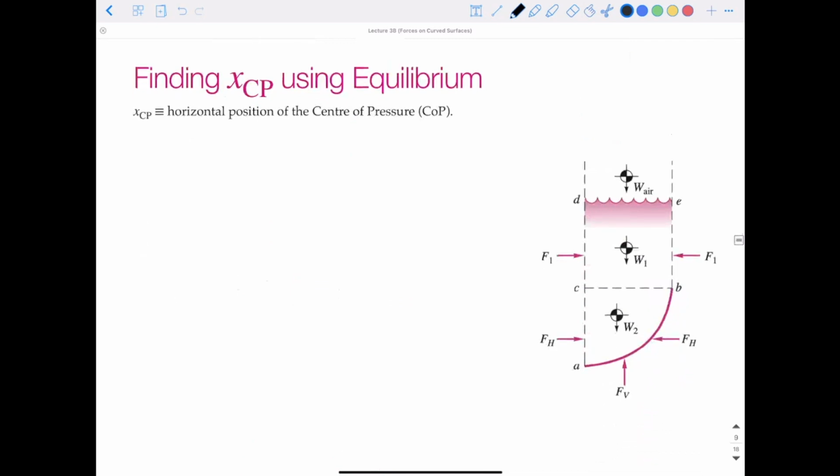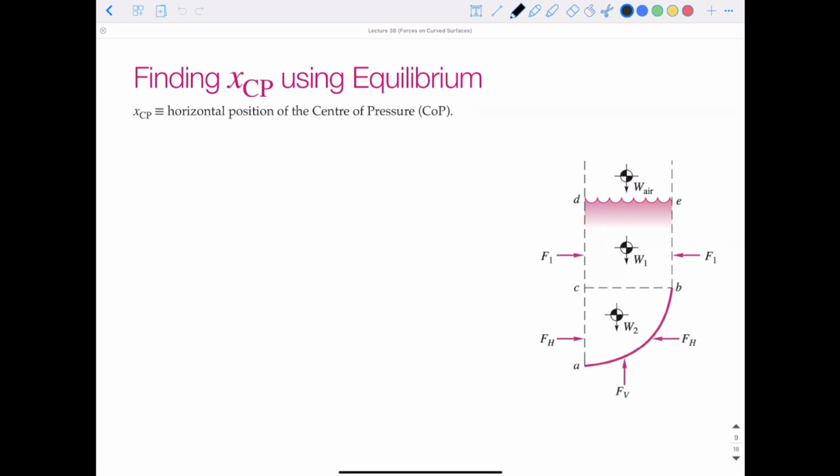So now let's find, using the same method as before, where is the center of pressure for the vertical component of our reaction force. So the X center of pressure is going to tell us where, from the left-hand side of that shape, as drawn here, that vertical component of force is going to be acting.